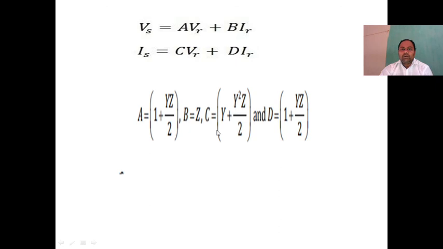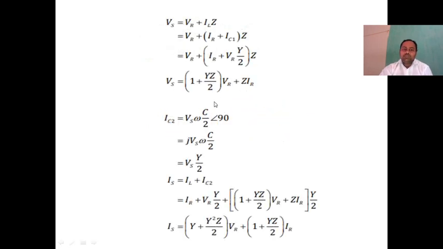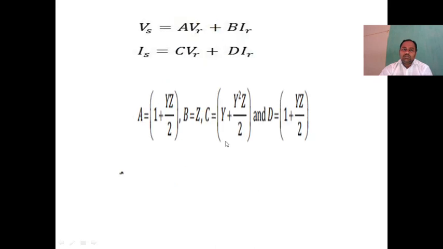Take Y as common, we get C is Y of (1 plus YZ by 4), and constant D is equal to 1 plus YZ by 2. These are the coefficients, constants A, B, C, D. Constant A is equal to D, so this circuit is symmetrical.